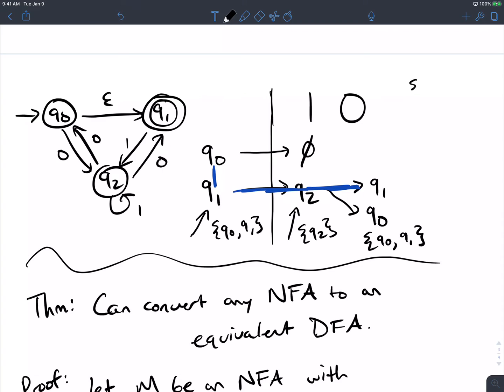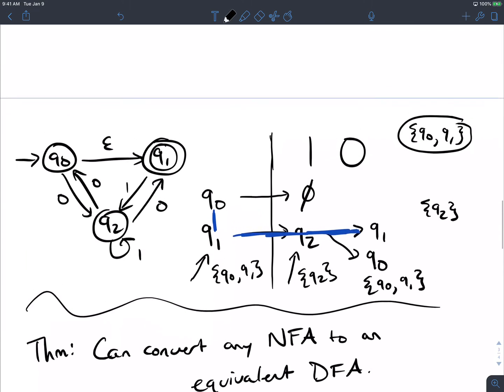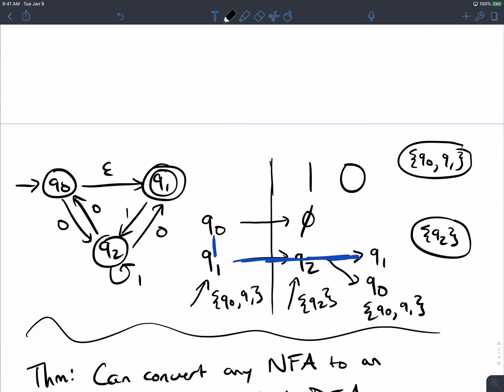What if we did Q0, Q1 as a state itself, and we made Q2 a state itself? Well, how would I relate these two states together based on our computation that we did? Yeah, so reading a 1 from the top one would come down here, and reading a 0 from the Q2 state will go back up here.